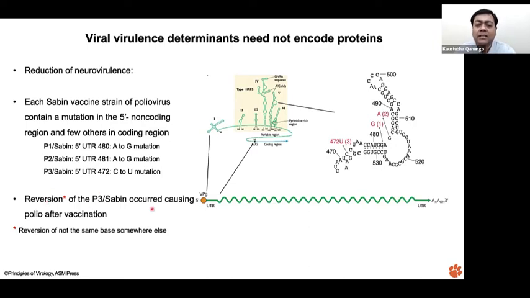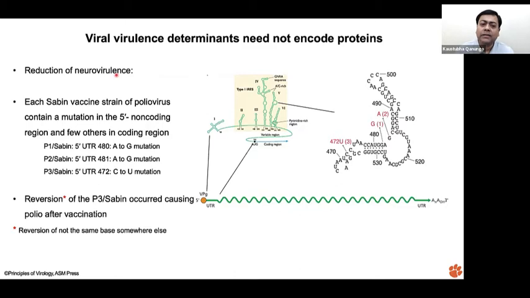And this is the interesting thing: reversion does not mean that this C was changed to U and this U is changed back to C. No, somewhere else in the nucleic acid, there was another mutation which reverted this back to neurovirulence.